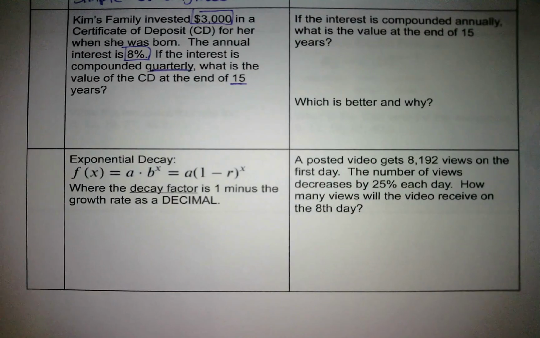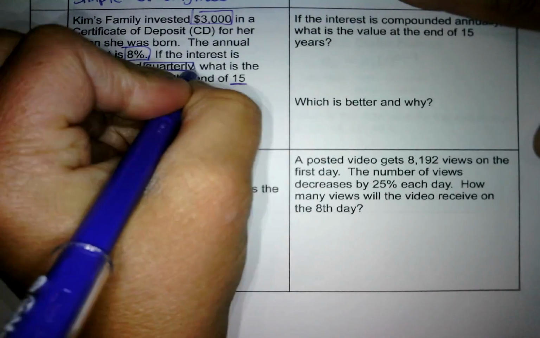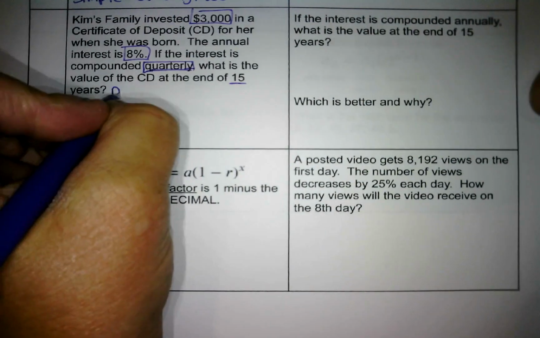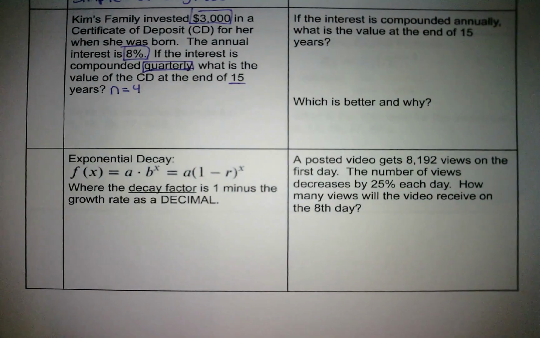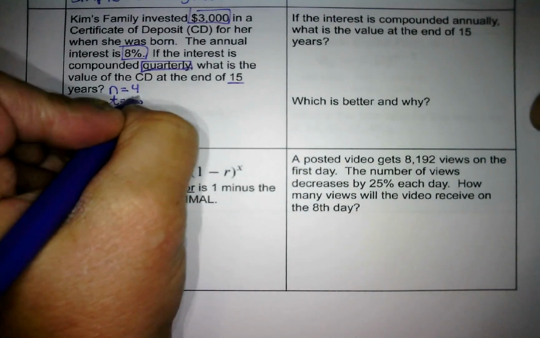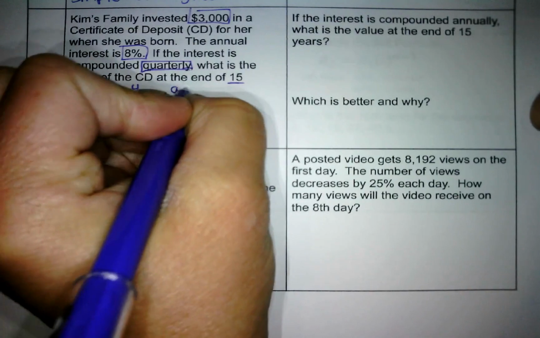If it's compounded quarterly, how many times a year do we see that interest? We're going to see it 4 times a year, so that's our N value. Our T value is the number of years. Our initial amount is $3,000.